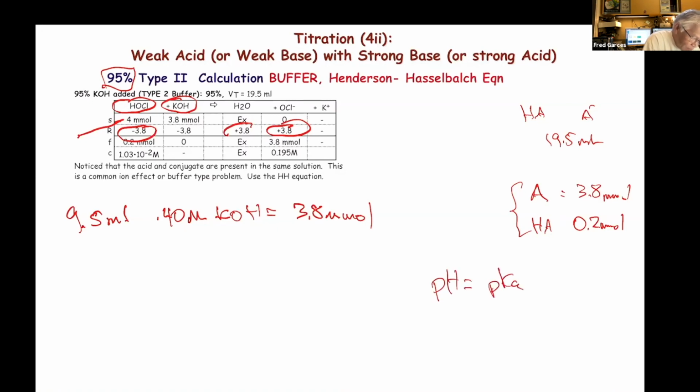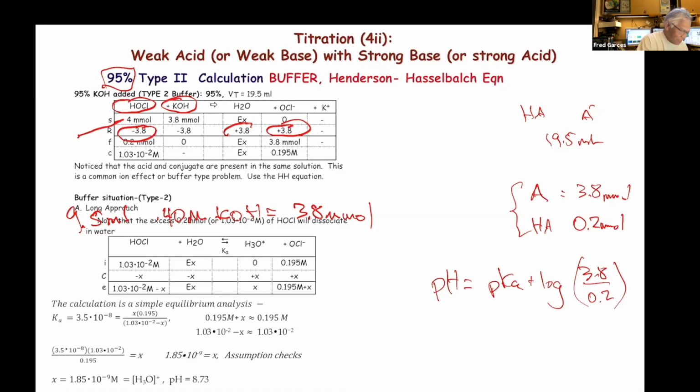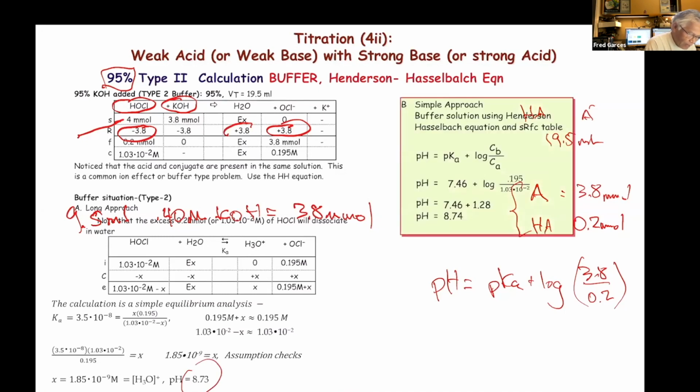pKa plus the log. My conjugate is 3.8 over 19.5, but why divide by 19.5? Because I'm also going to divide by 19.5 in the denominator, so they cancel each other. It's just 3.8 over 0.2. And if you do that, you should get a pH of 8.73, and here it is right here.